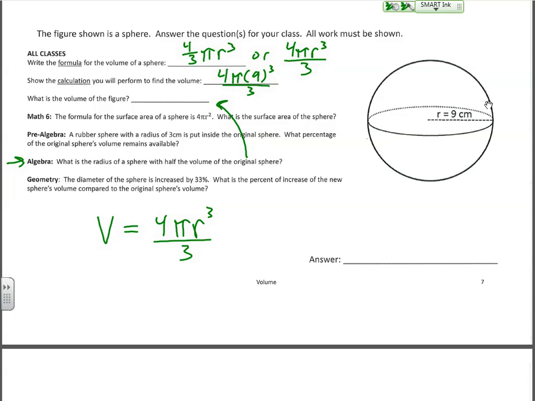What value for r is going to make that formula equal half of the volume of the original sphere? Clearly, I did not bring my calculator to this video to do some of these calculations for you, so you can take it from here. But that's kind of your game plan for it.